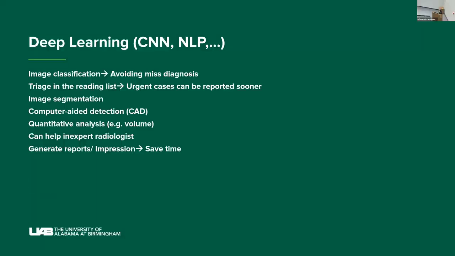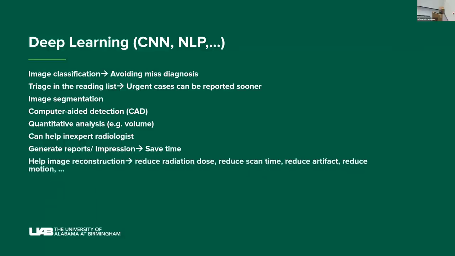And one big part of the medical imaging and neural network is image reconstruction. It's very important in the clinical radiology. We can implement neural networks in the image acquisition and image reconstruction phase. These models can reduce the radiation dose in CT scan and PET scan, and they can reduce scanning time, especially in the MRI.